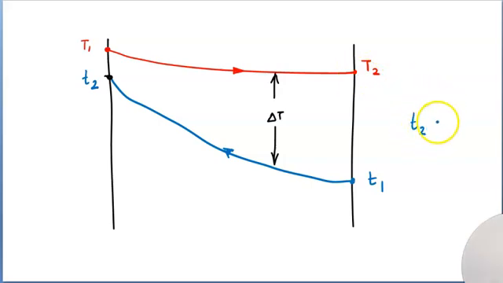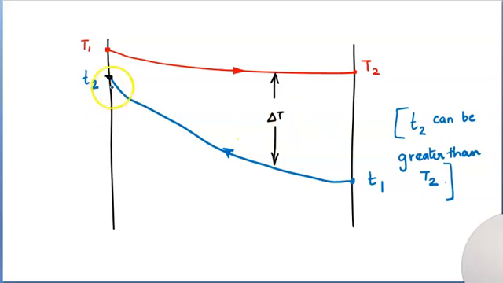So here small t2 can be greater than capital T2. That is, the cold fluid can leave at a temperature higher than that of the hot fluid that is leaving. And when this is true, you know that it is definitely a counterflow configuration. It cannot be a parallel flow configuration.